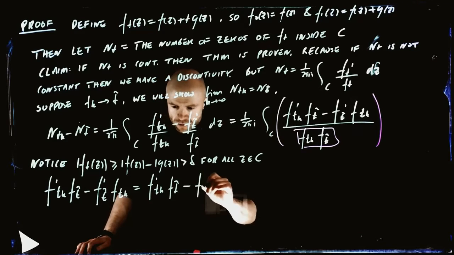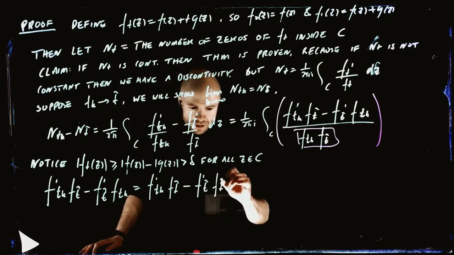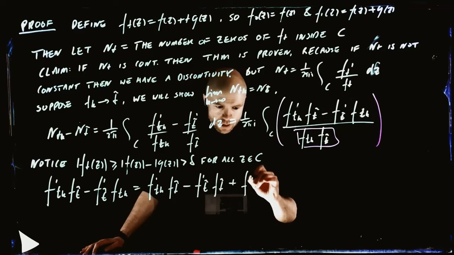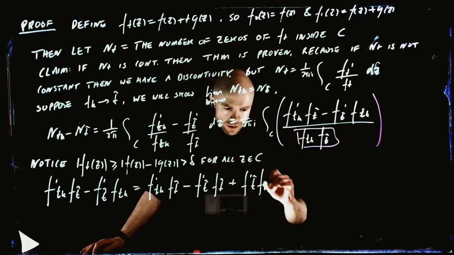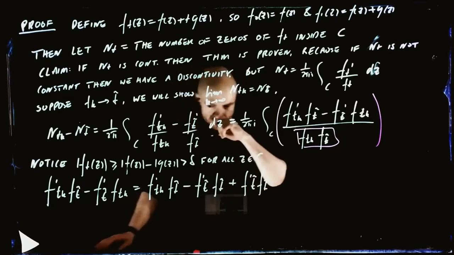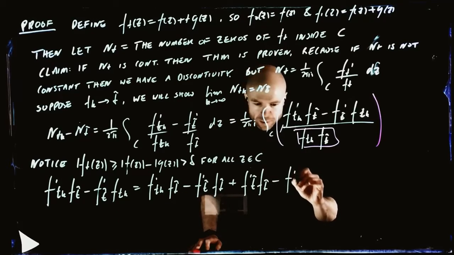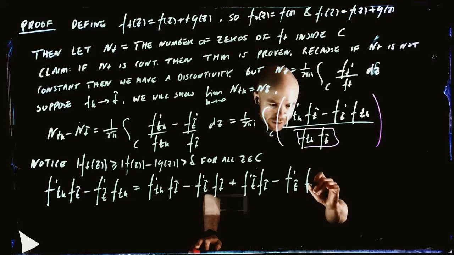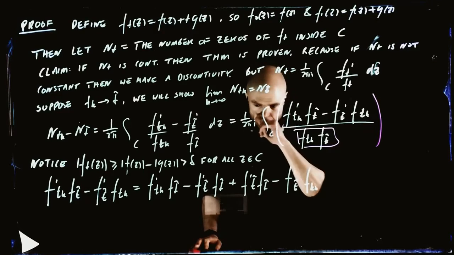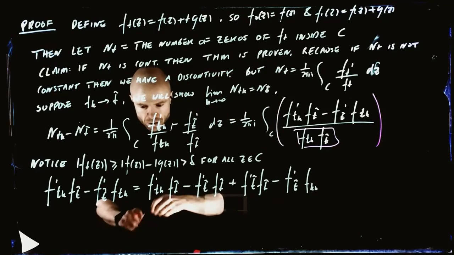Let's write f prime of t tilde f of t tilde, and then let's write plus f prime of t tilde f of t tilde. So we'll have plus minus, we'll kill these guys, and then minus this thing, f prime of t tilde f of tk, like this. Yeah, and this is a standard trick we do a lot.